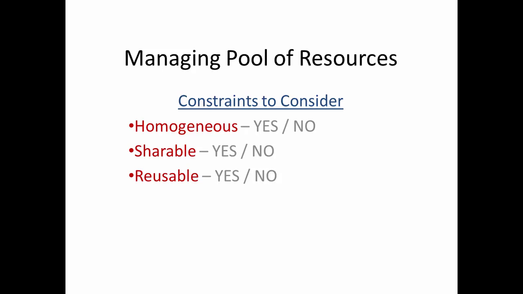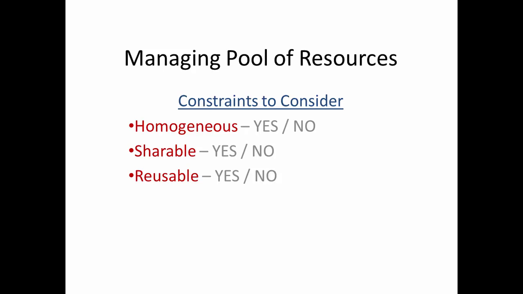So the management is pretty much trivial because it's reduced only to the function of giving things out. So in the rest of this discussion, we assume that the resources we are going to manage are reusable.